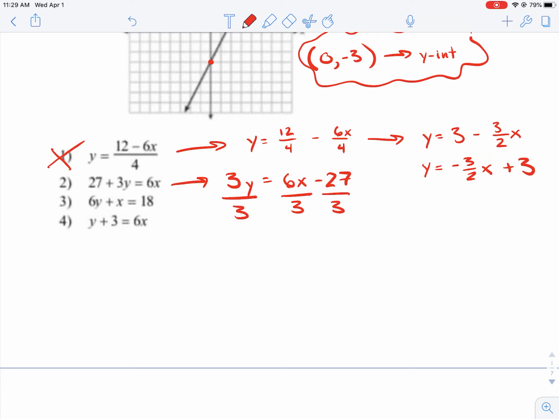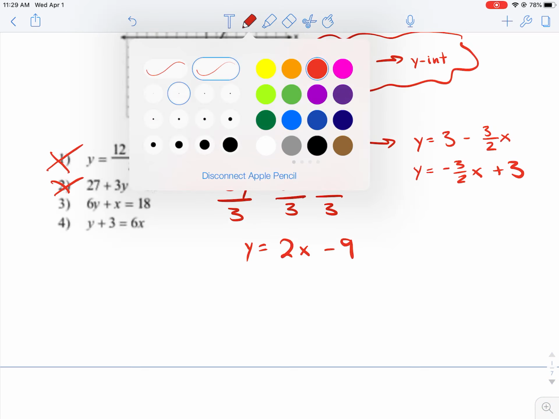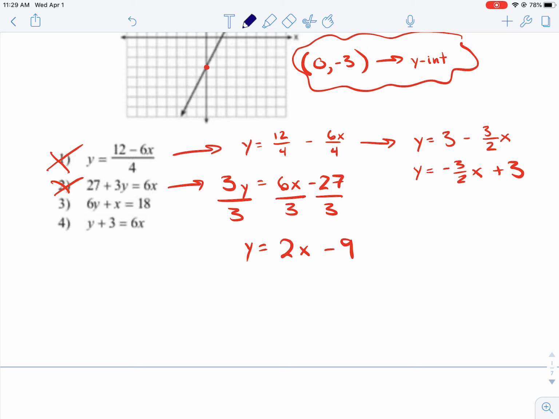And then when you divide both sides by 3, make sure you divide both the 6x and the negative 27 by 3. Okay, you're left with y equals 6 divided by 3 is 2x minus 9. So again, our y-intercept is negative 3, so 2 is out.